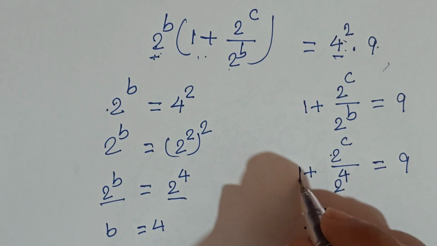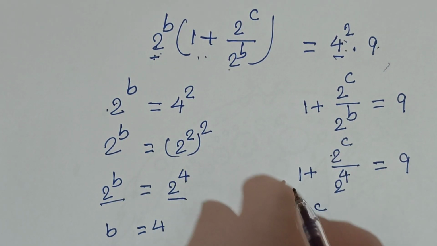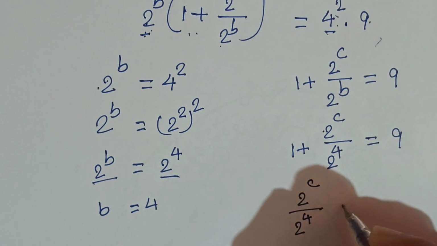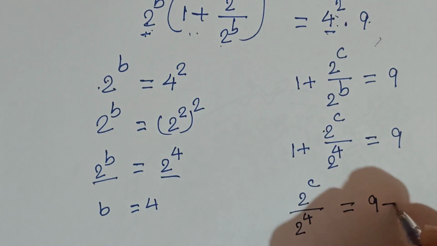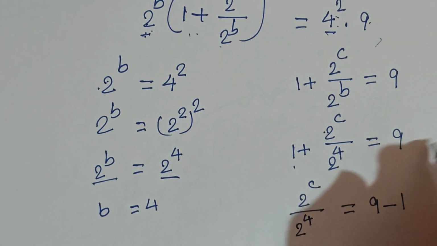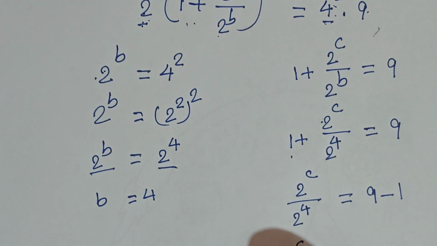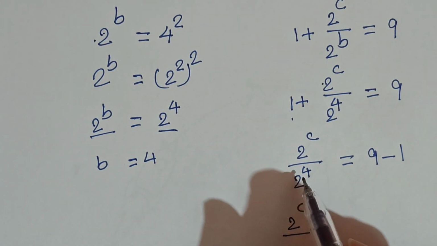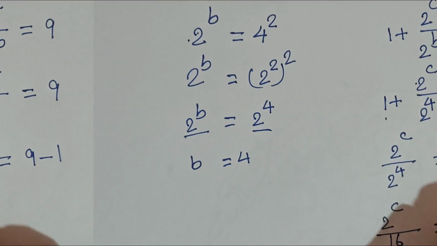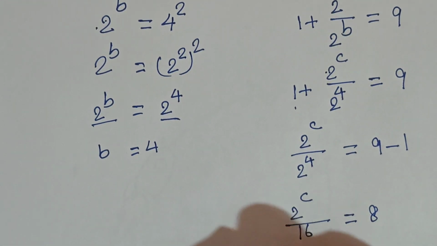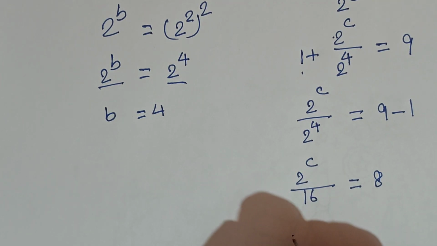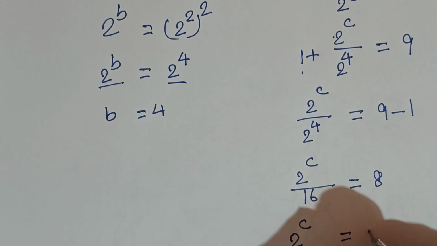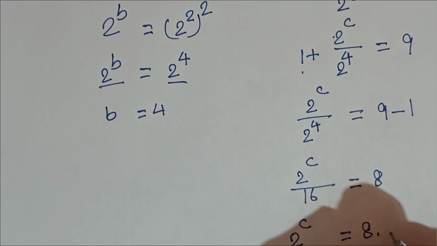1 plus 2 to the power c over 2 to the power 4 is equal to 9. This one will move on this side and sign will be negative. 2 to the power c over 2 to the power 4 is equal to 9 minus 1, which is 8. 2 to the power c is equal to 8 into 16, moved on to this side.